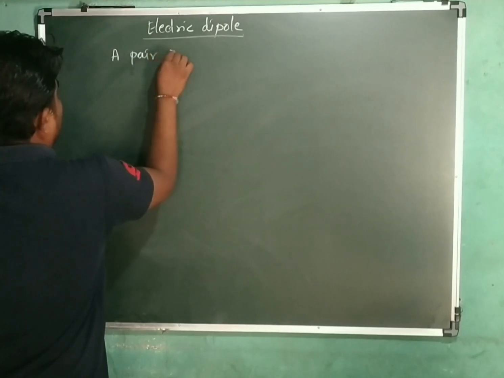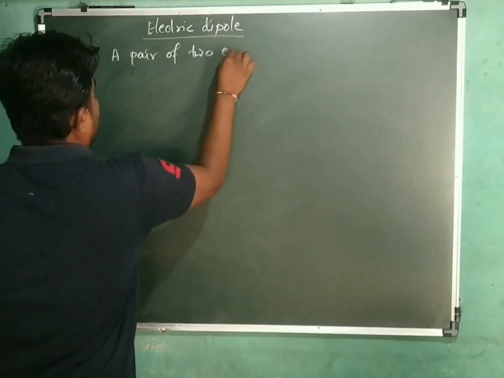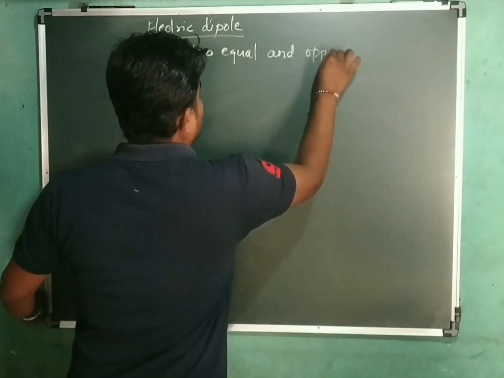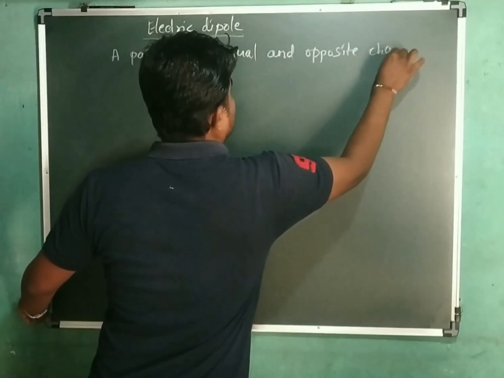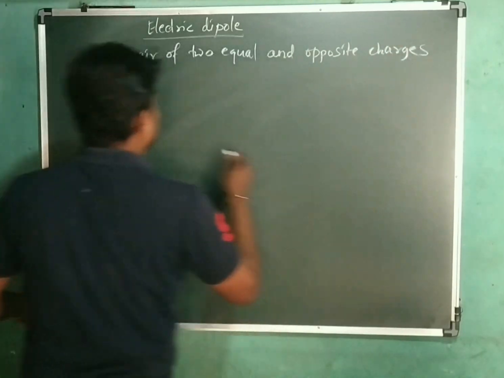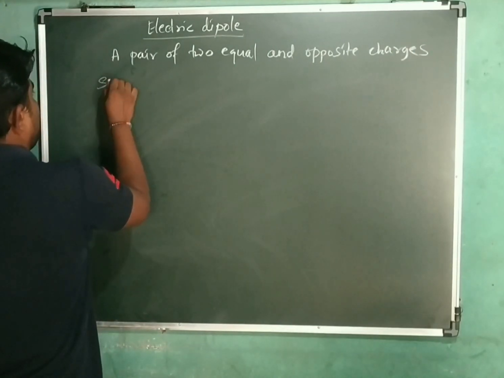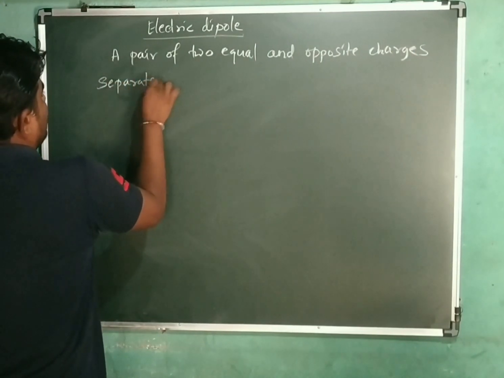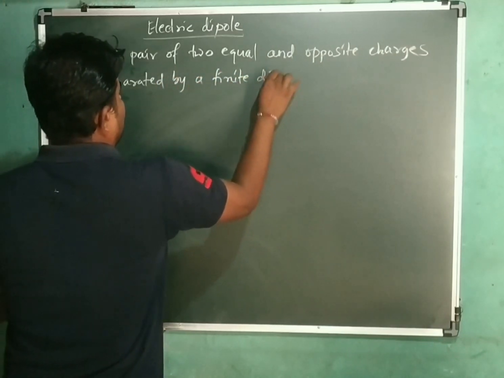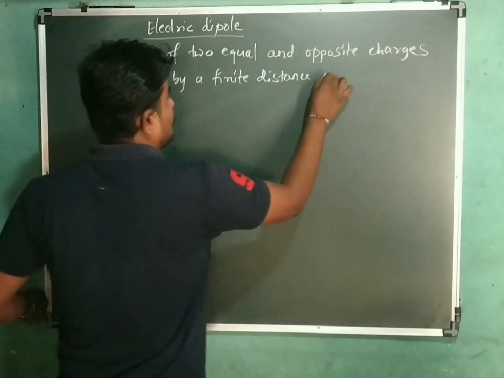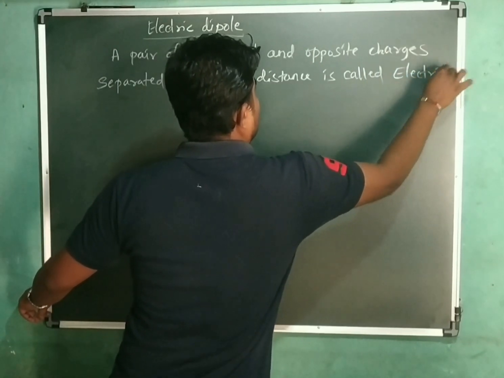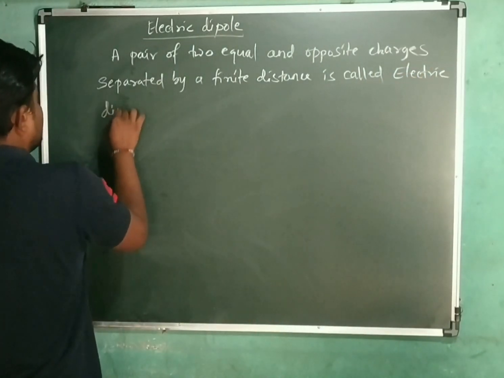A pair of two equal and opposite charges, opposite meaning they should have opposite polarity, separated by a finite distance, is called an electric dipole.